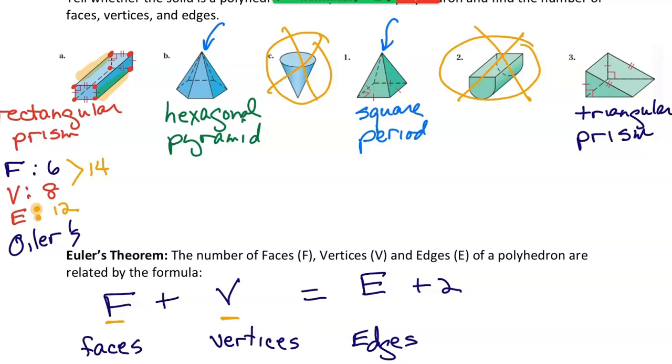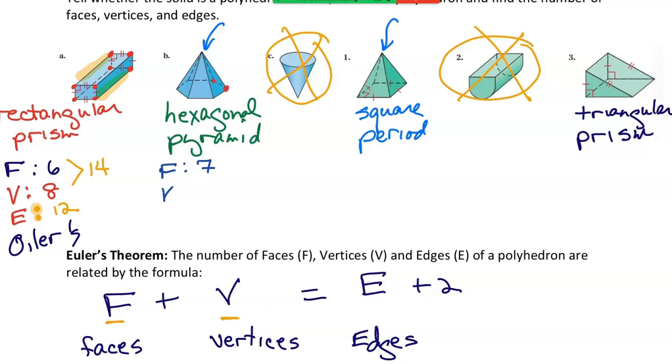So let's do that again for the hexagonal pyramid. How many faces do you see there? Well, the way you can figure that out is you say, okay, it's a hexagon. A hexagon has 6 sides. So there are 6 faces that go up in the air. So that's 6, plus there's the base, and that makes 7. How many vertices do you have? Well, again, we can put little red dots on things.